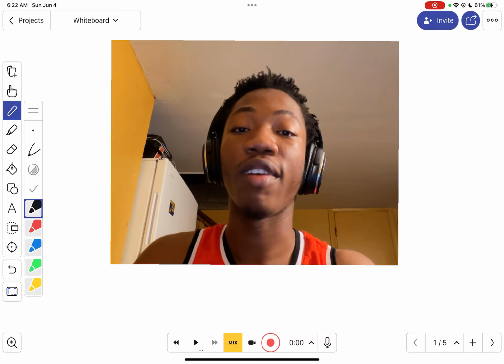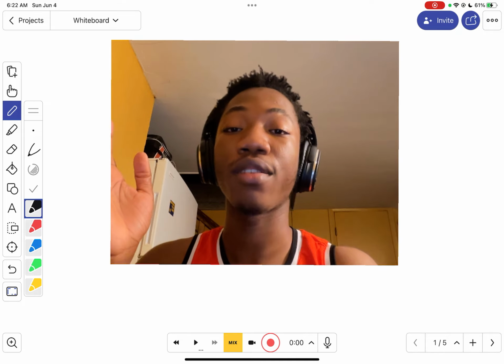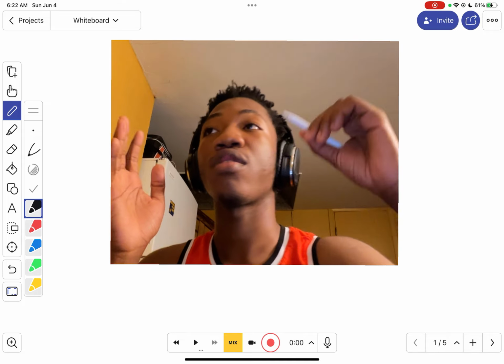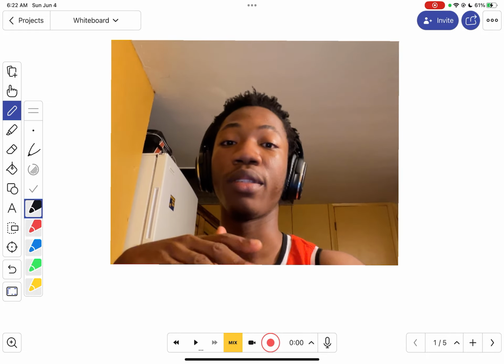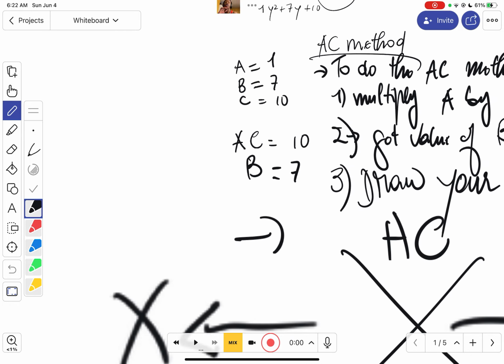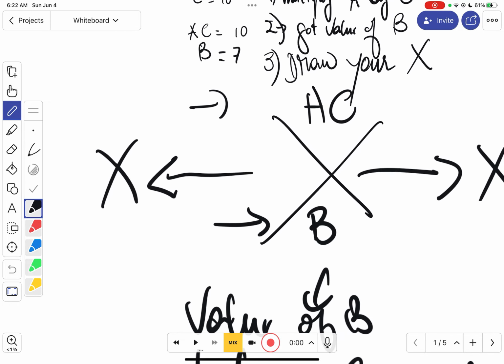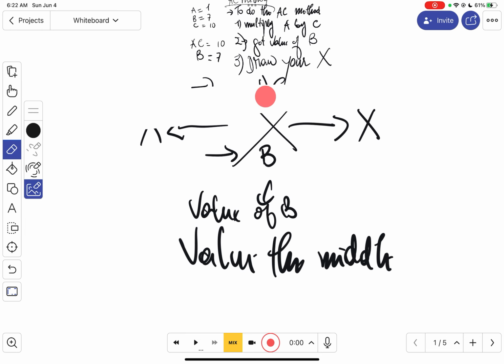You draw your x, put the AC value at the top, put the B at the bottom, and then the numbers on the sides are the numbers that you're going to use to factor.